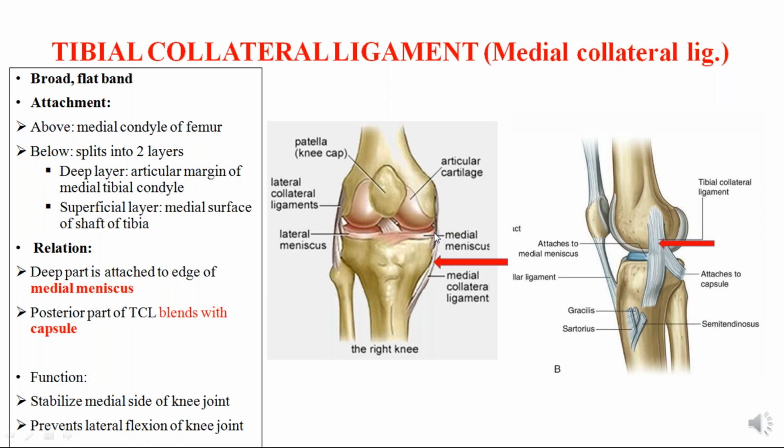And remember, this was the factor which made the medial meniscus less freely movable on the tibia, making it more susceptible to medial meniscal tear. The posterior part of the tibial collateral ligament blends with the capsule. Like the fibular collateral ligament was strengthening the joint from the lateral side, the tibial collateral ligament will stabilize the knee joint from the medial side and will prevent lateral flexion of the knee joint.